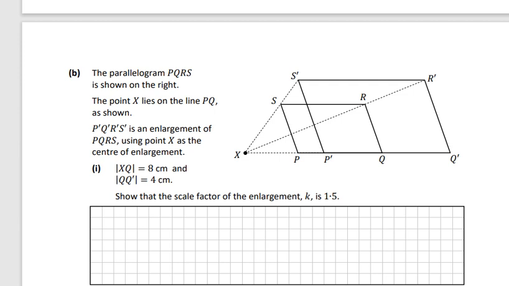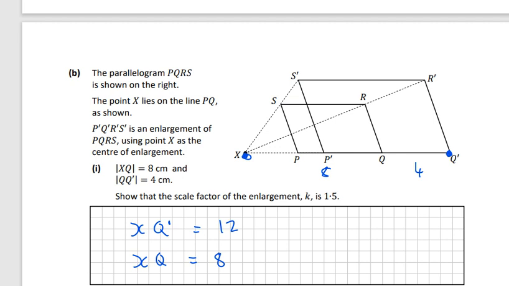Well, the distance here from X all the way up to Q dash is going to be 12, because from there to there is 8 and from there to there is 4. And we know that X just to Q is 8.